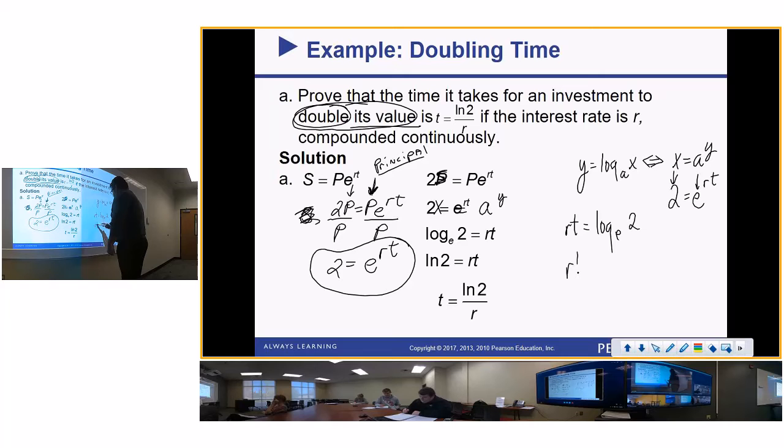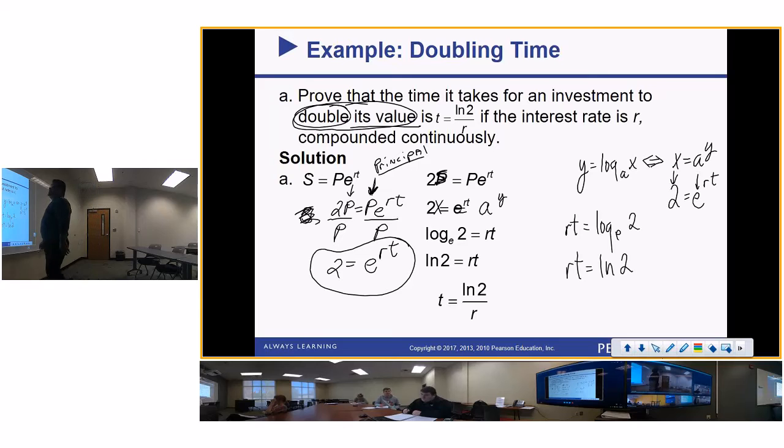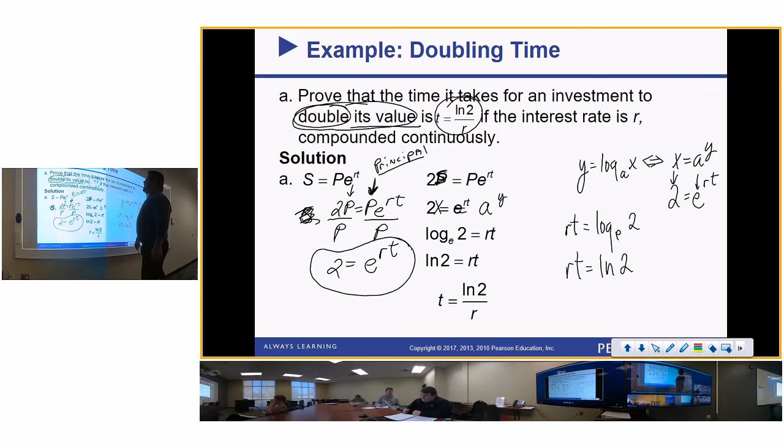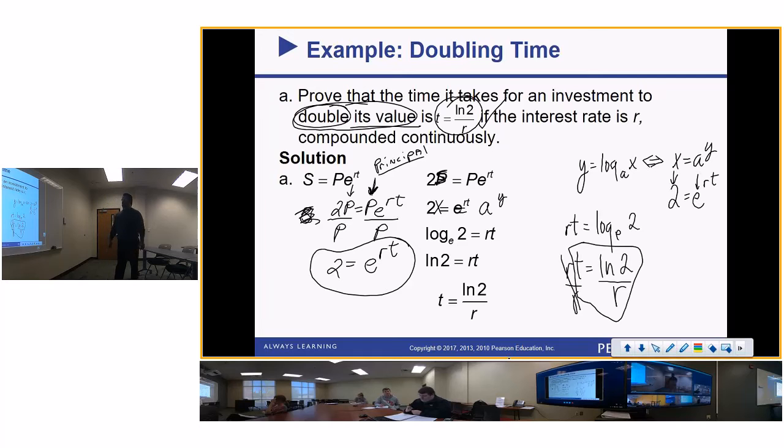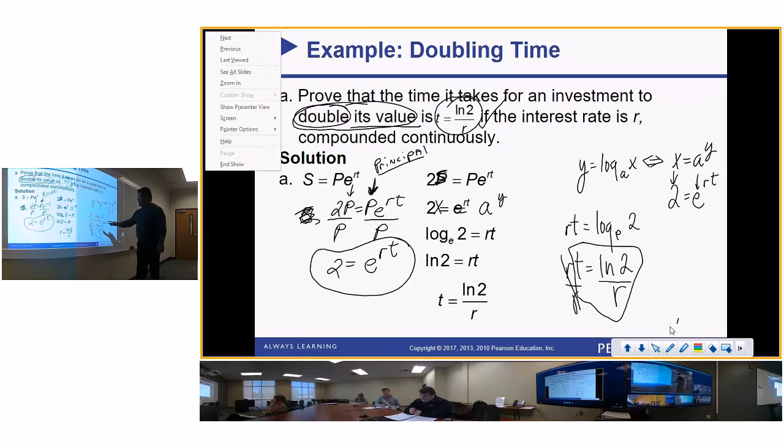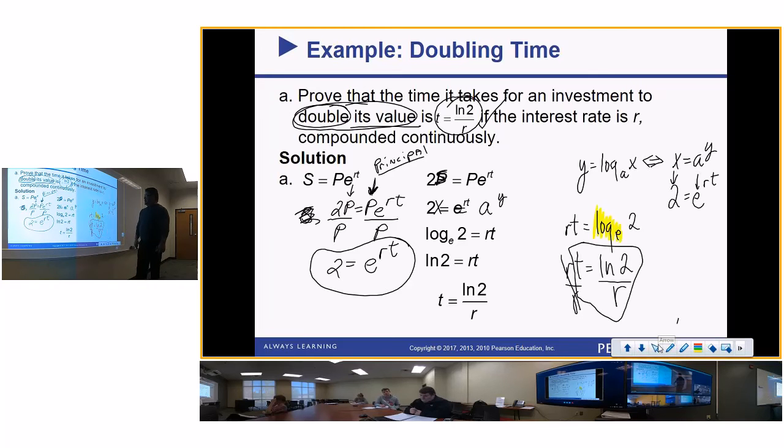So rt is equal to the natural log of 2. The natural log of 2 is basically a number. If I solve for t, what do I get? t is equal to the natural log of 2 over r. And what they're wanting you to see is basically this transition from that to this.